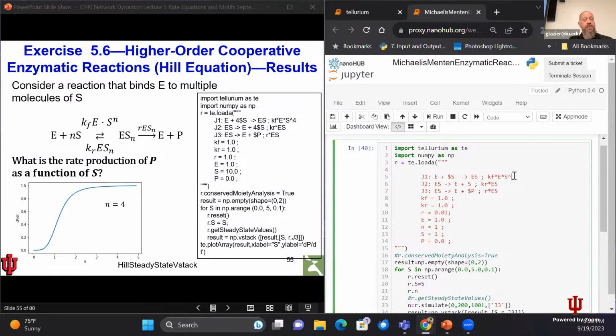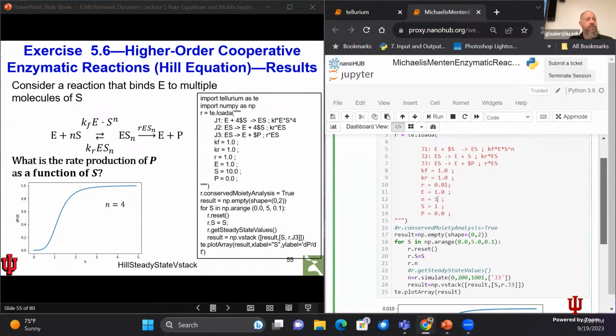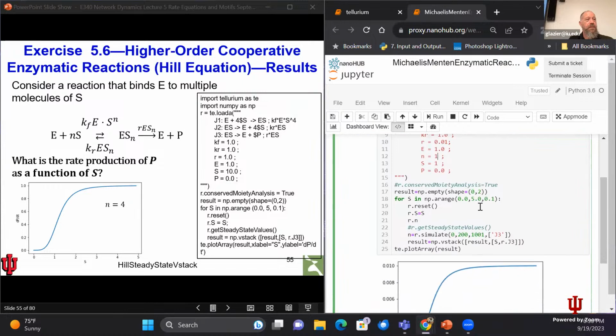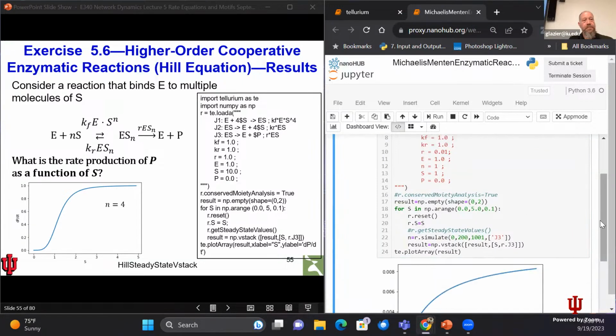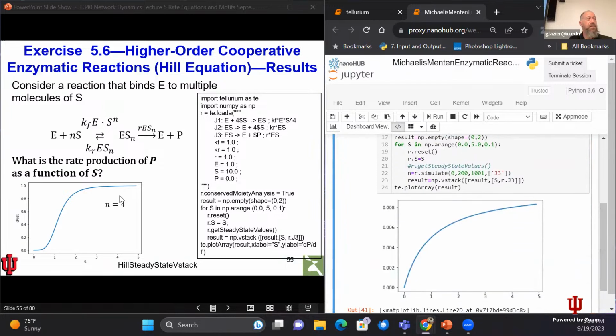I made this 4, actually 4. Let me make that n here. Here n is 1. So let me run this now. And this will give me Michaelis. n equals 1 here is Michaelis. If I make n equals 1, I get this.